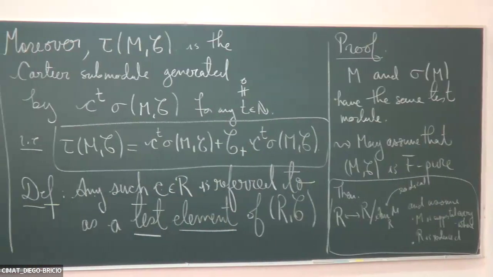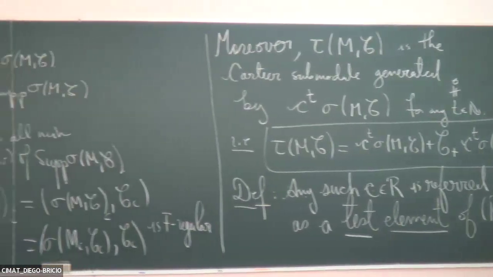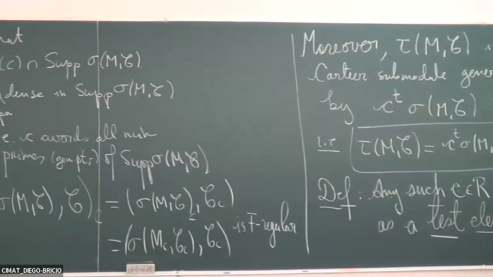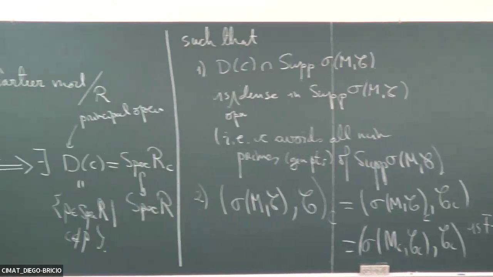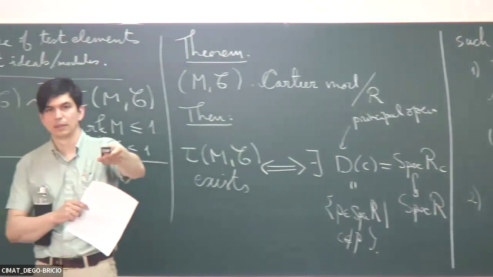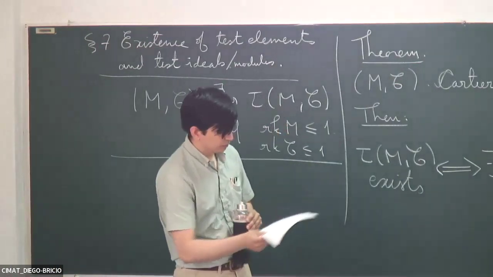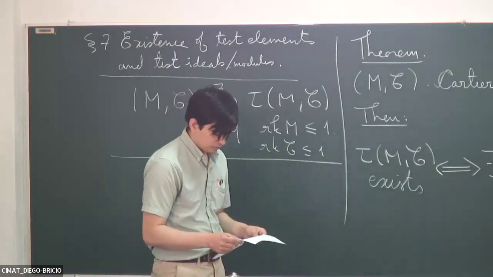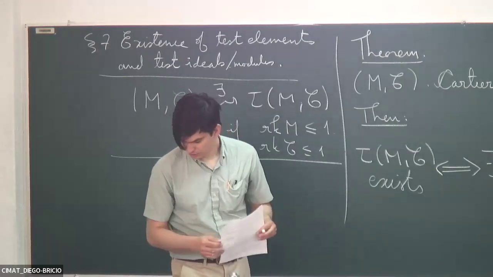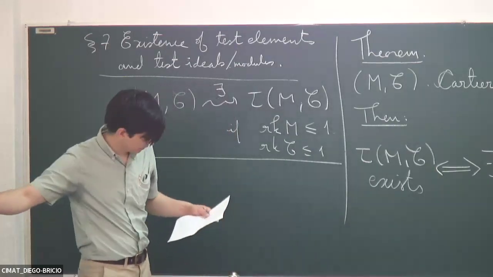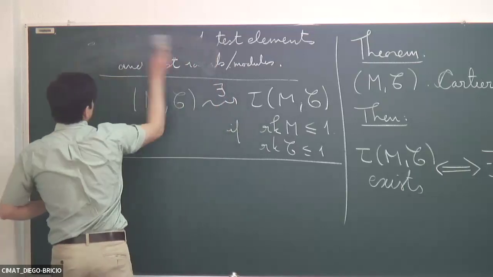So this is a reduction we've done before, so I'm just going to leave it there. But anyways, most often this is the setup which people care about for the existence of these things.